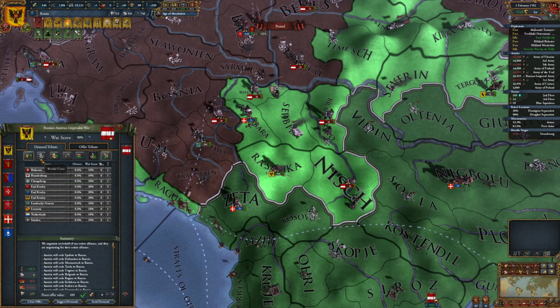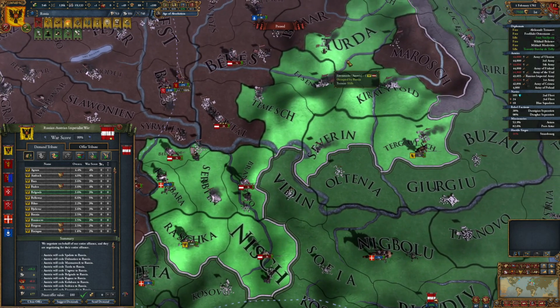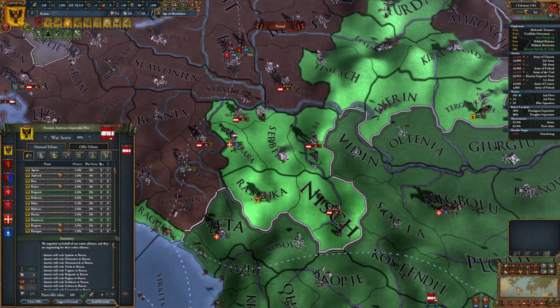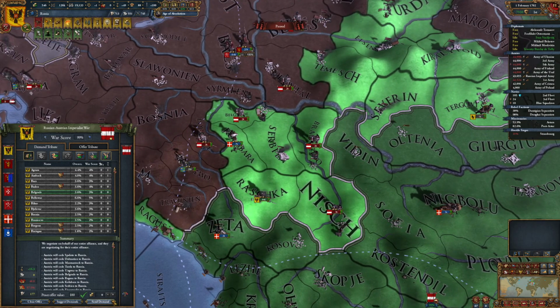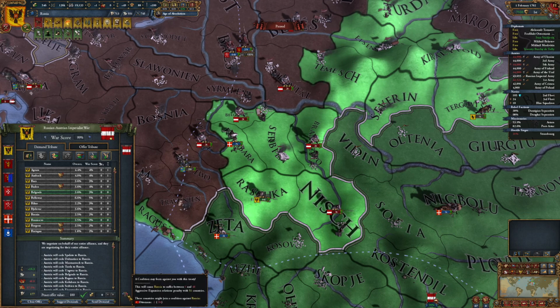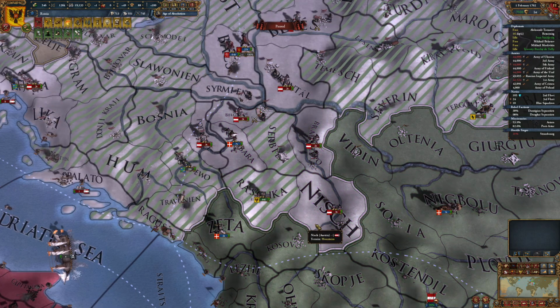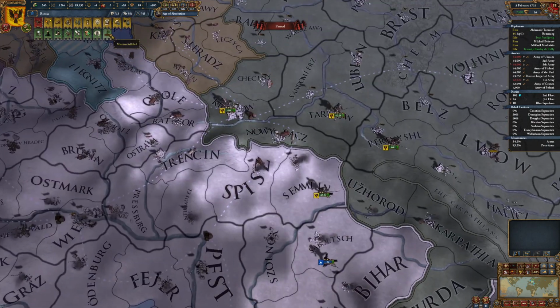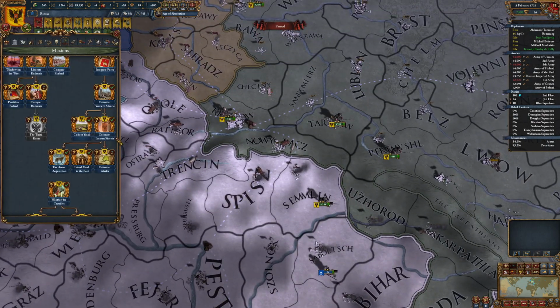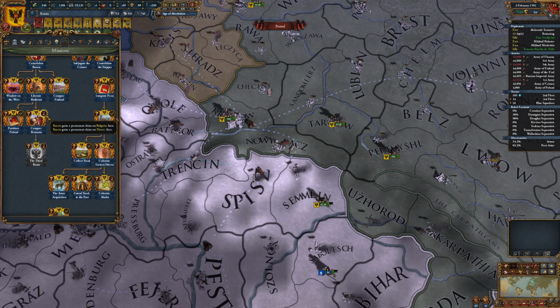So the next war is actually going to be easier, because there are fewer provinces that have forts, and the AI doesn't really build that many forts. They rather upgrade forts they already have. So let's just push this through. And we finished this one.